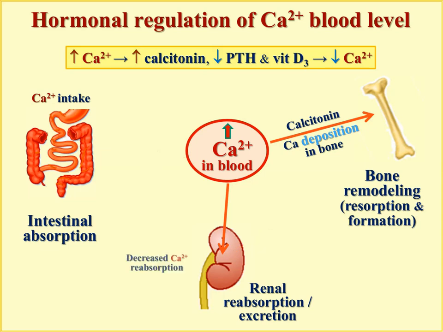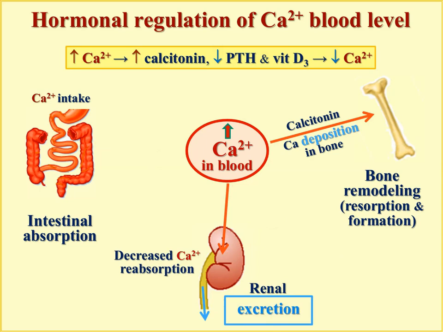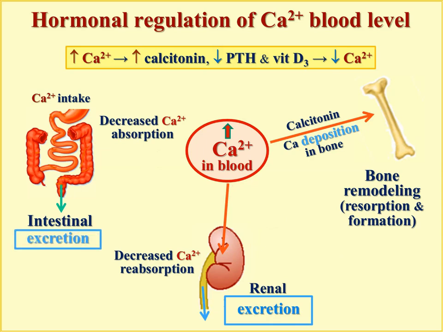So absence of parathyroid hormone produces decreased calcium reabsorption. Therefore, the predominant process for calcium here becomes renal excretion due to absence of parathyroid hormone mostly and absence of vitamin D3. And here decreased calcium absorption also occurs because there is no vitamin D3. Intestinal absorption is minimized and excretion increases.